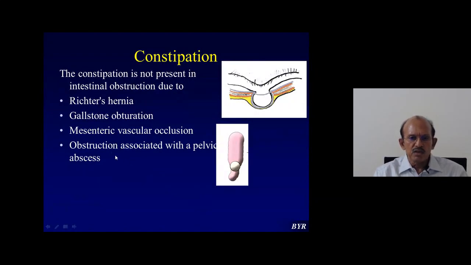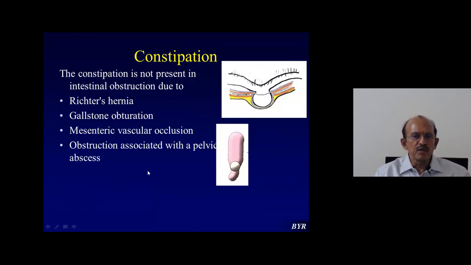And in obstruction associated with pelvic infections, where a pelvic abscess is there, the pelvic abscess along with some adhesions causes obstruction. So adhesions cause obstruction, and the pelvic abscess causes irritation of the rectum. Because of the irritation, the patient passes mucus in the stools quite often.